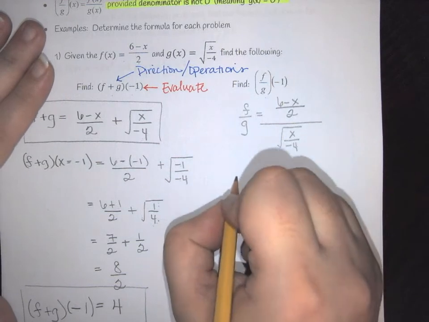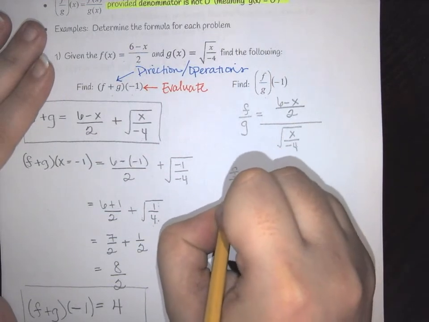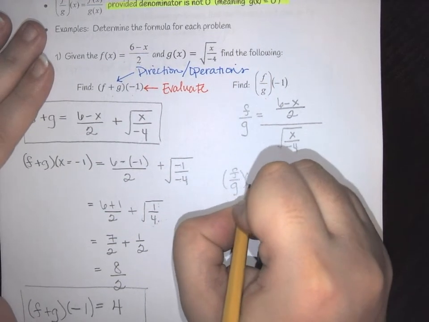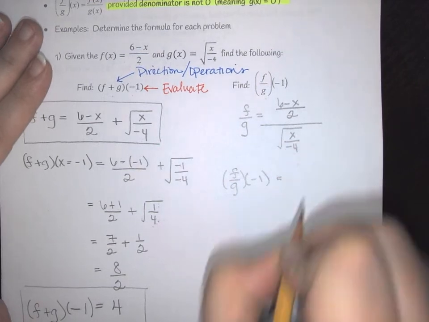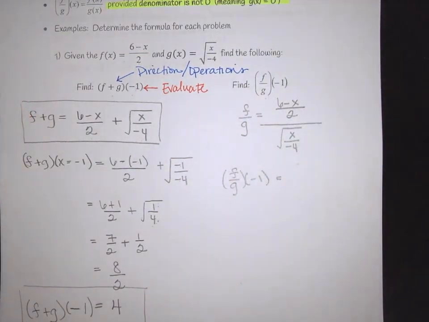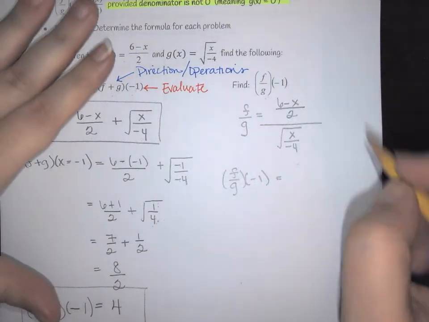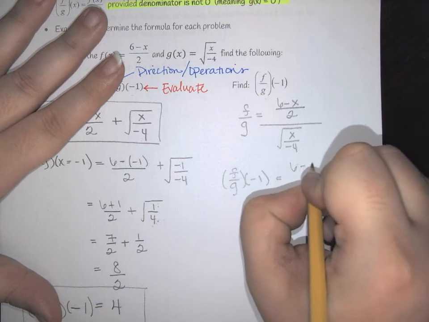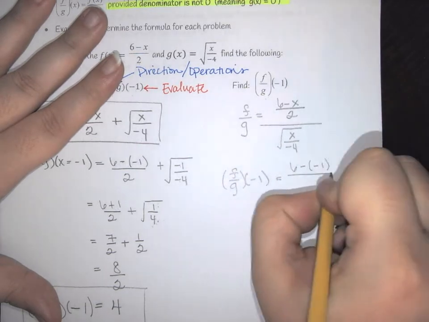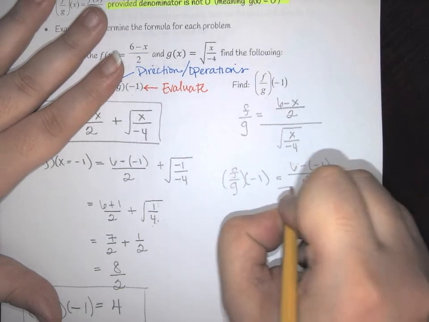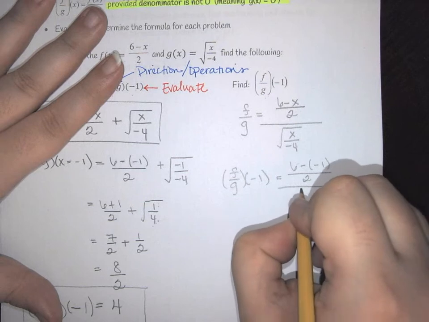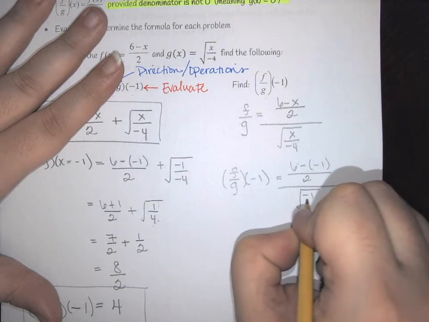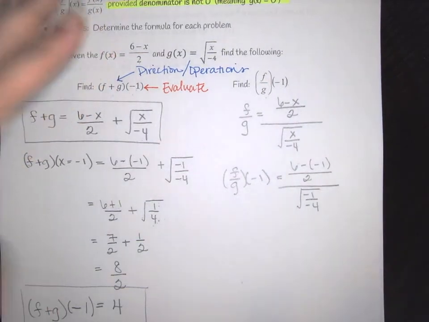The second thing we have to do is f divided by g and evaluate at -1. So to do that, we do the same thing that we just did, which is anywhere you have an x, we substitute -1, so this becomes (6 minus a -1) all over 2, and we're dividing that by the square root of -1 over -4.